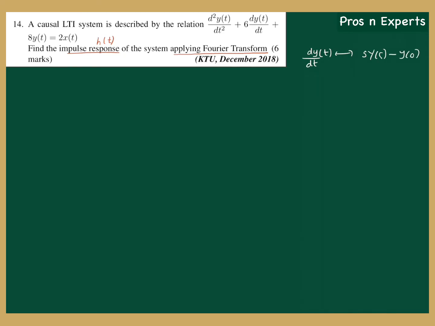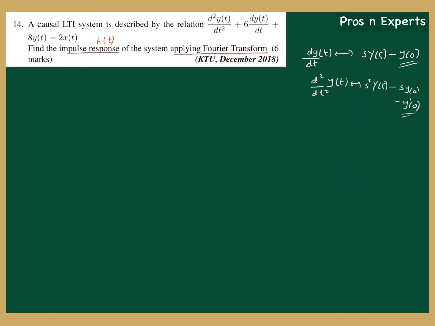Okay, if y of s is the Laplace transform of y of t, where y of 0 is the initial condition or initial value. Similarly, the second derivative will have s square y of s minus s into y of 0 minus y dash of 0. Okay, where y dash of 0 is the value of d by dt of y of t at t equal to 0.